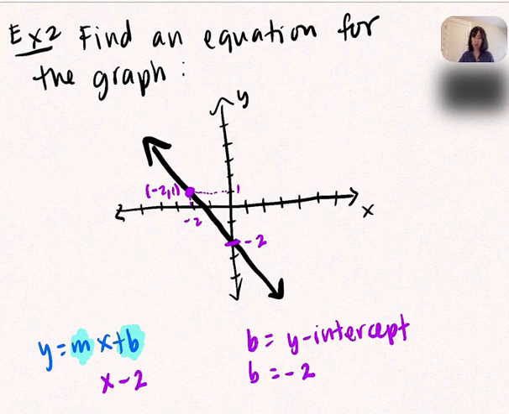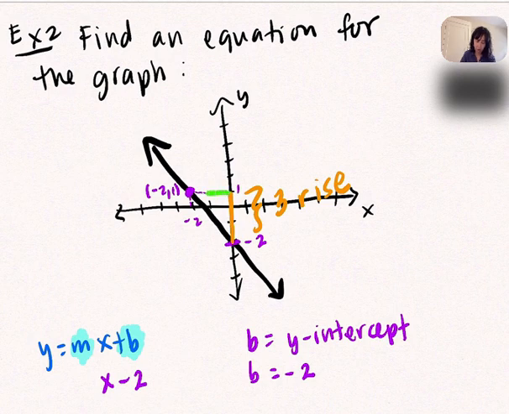So I'm going to figure out how far up we need to go to get to that point, and how far to the left we need to go. So it looks like we need to go up 1, 2, 3. So 3 is the rise. And then we need to go to the left 1, 2. So 2 is the run.